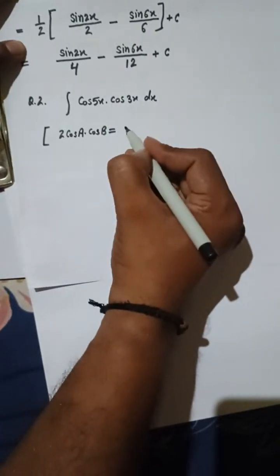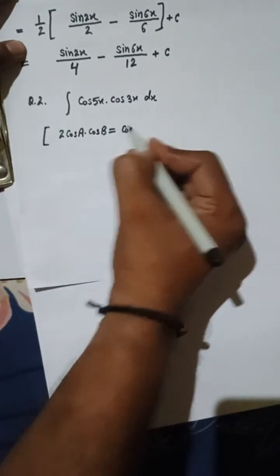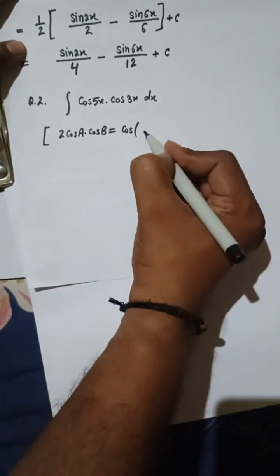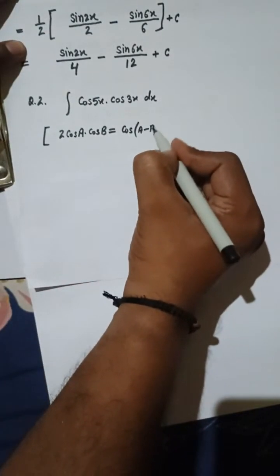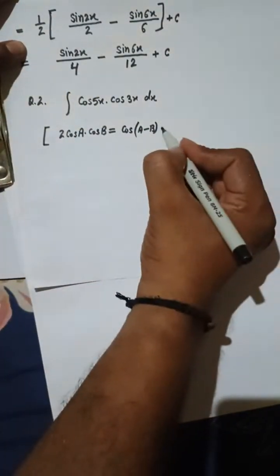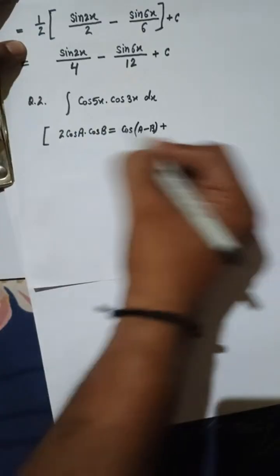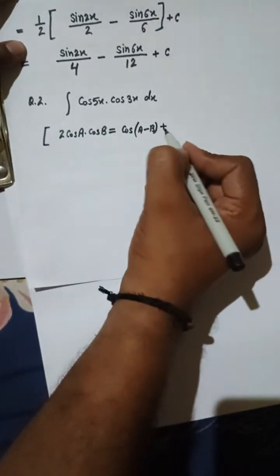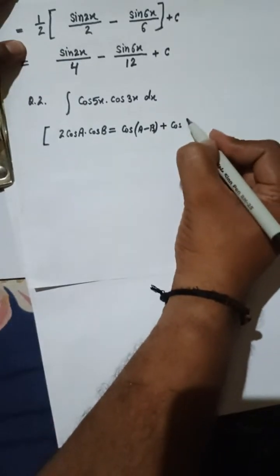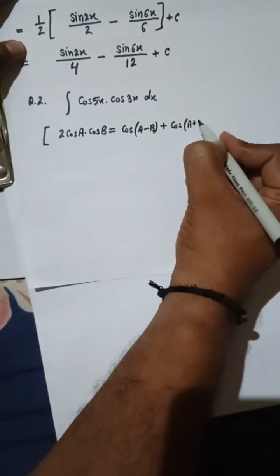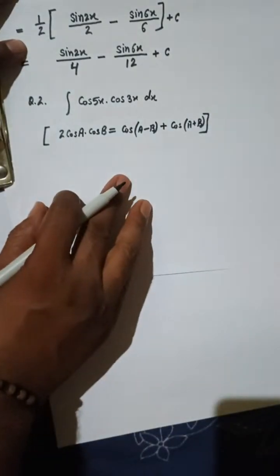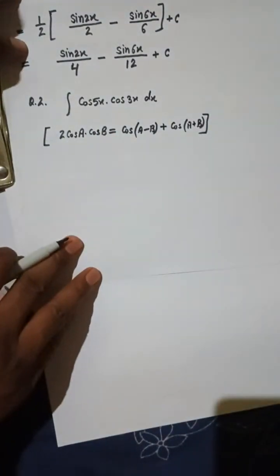Both are cos a into cos b, so I am putting cos(a minus b), then both are cos, so I am putting plus. If both were sine, then I would need to put a negative. So cos(a plus b). I am going to use this concept to solve this problem.